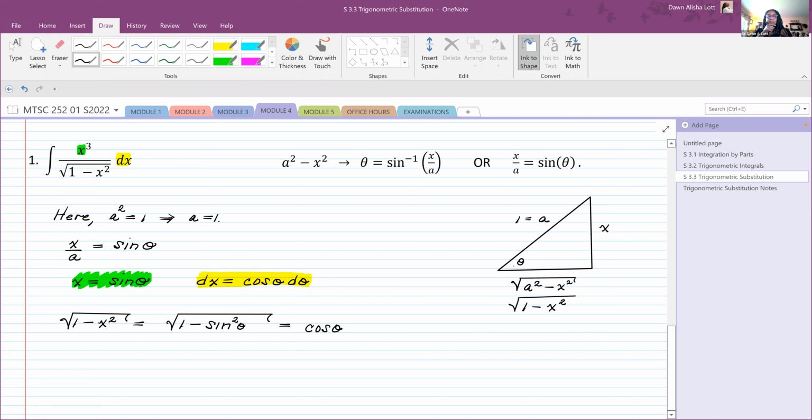Okay, another way you can do that is to actually use the triangle. If x over a is the sine of theta, then the square root of 1 minus x squared over 1 is the cosine theta.